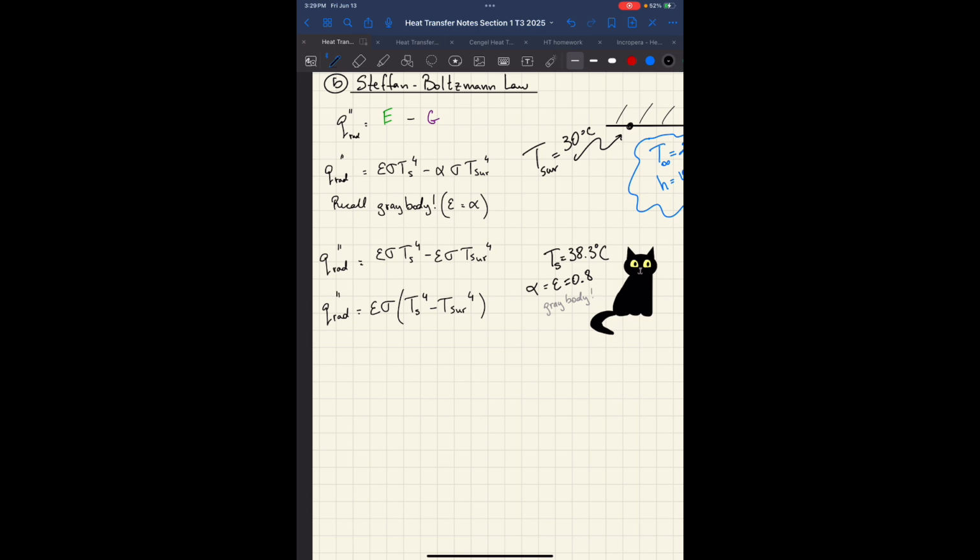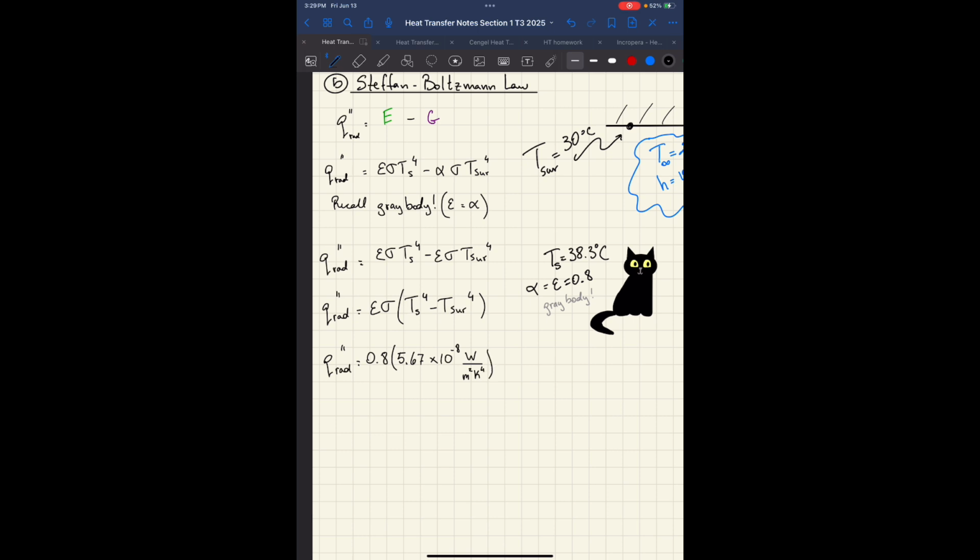Okay. So the rest is just plug and chug. You plug in your values. Epsilon is 0.8. Stefan-Boltzmann constant, sigma, is 5.67 times 10 to the minus 8 watts per meter squared Kelvin to the fourth power.